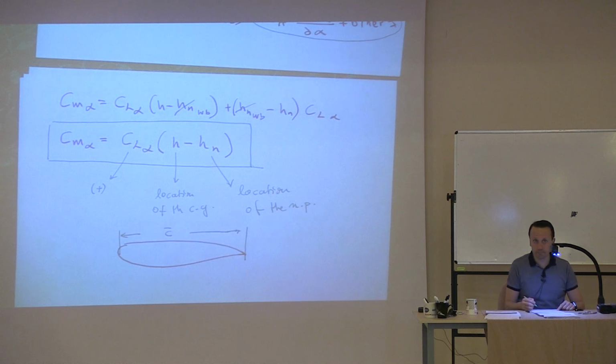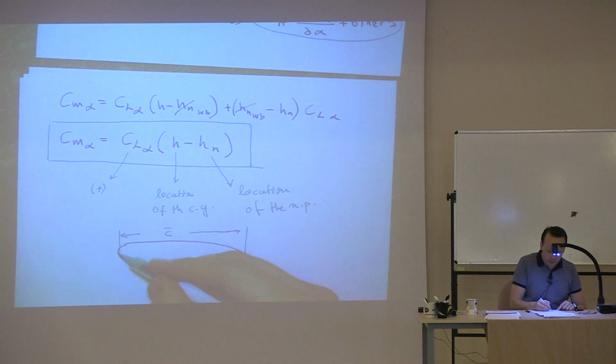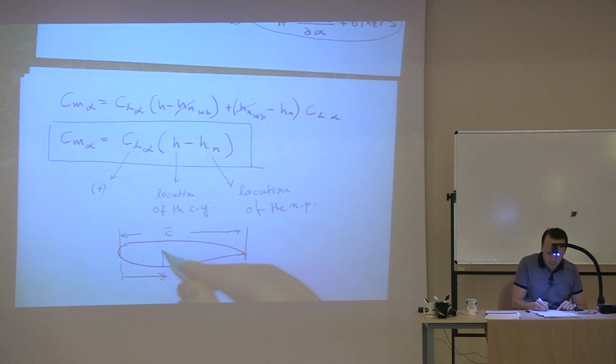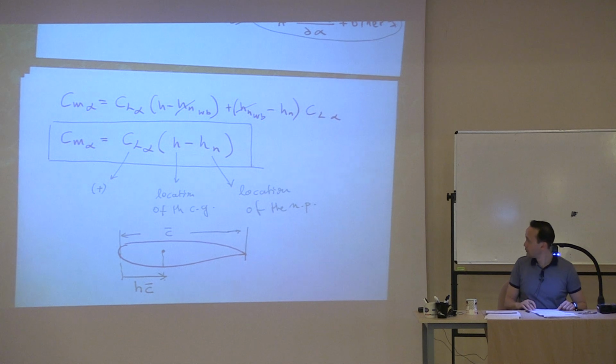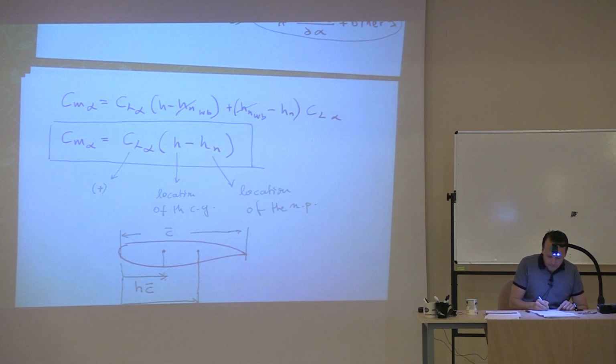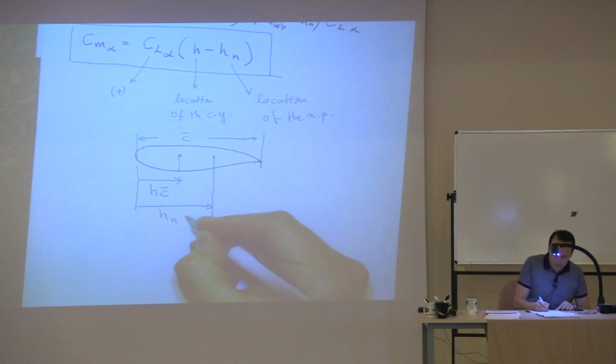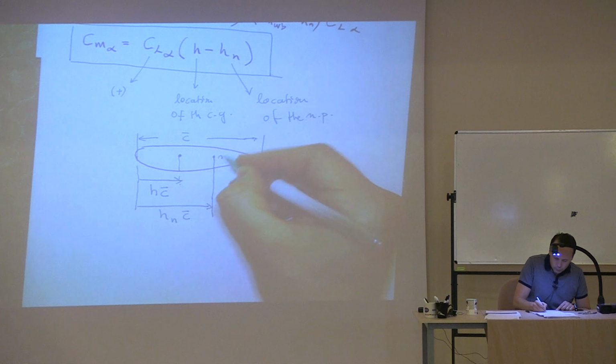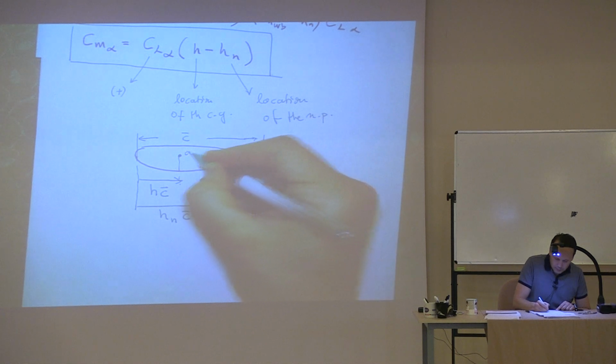That was the chord line, and we said this is here H times C bar, and then this would be Hn C bar, and this is the neutral point, and this is the aerodynamic center.